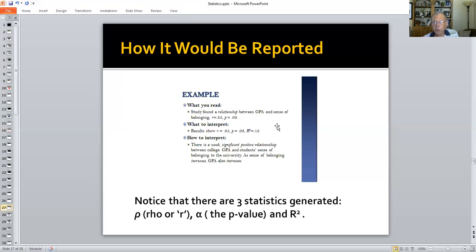Literature says no, that's not as significant. Okay, so R squared gives you not just the significance, I would say the meaning of it all. Is this meaningful? So the interpretation is there's a weak, yet significant, positive relationship. A sense of belonging increases, GPA also increases.